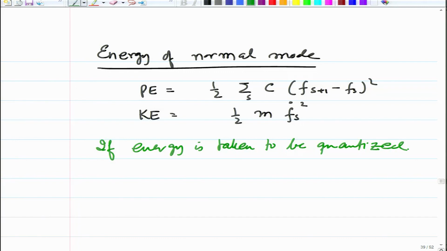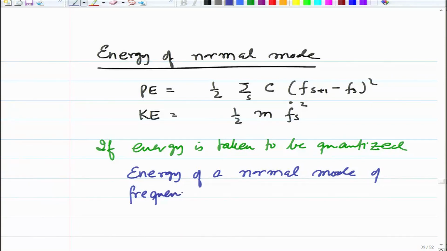So, we do not consider the classical expression, but rather we will write the energy of a normal mode of frequency omega to be equal to n plus a half h cross omega.